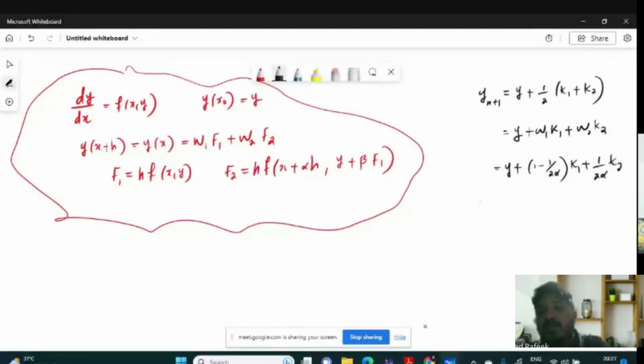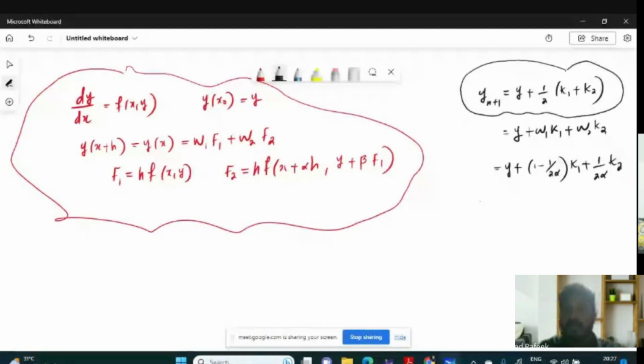This is from the theory of the Runge-Kutta method. For an easy formula, this is the easiest: y n plus 1 equal to y plus 1 by 2 into k1 plus k2. K1 is nothing but h into f.